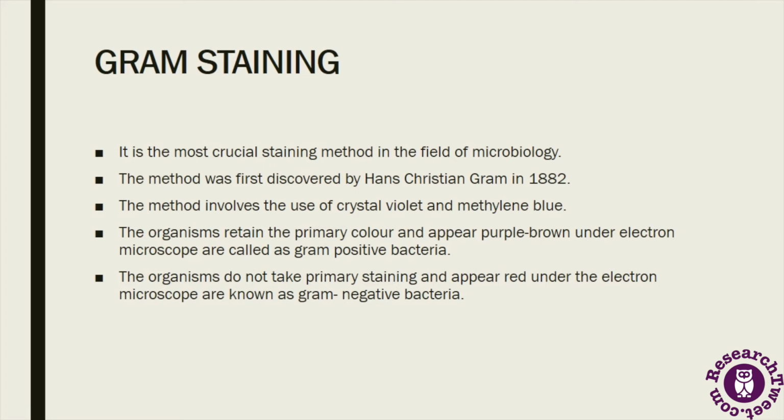The organisms which do not take the primary stain, which is washed out by alcohol, and appear red or pink under the microscope due to safranin, are called gram-negative bacteria. This differentiation is due to the different cell wall composition of gram-positive and gram-negative bacteria.